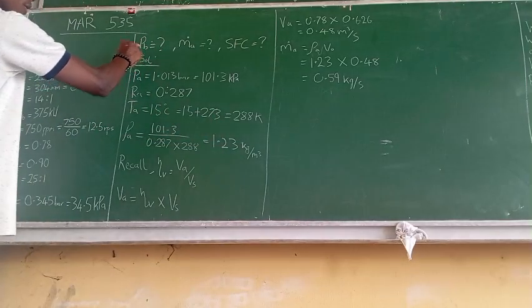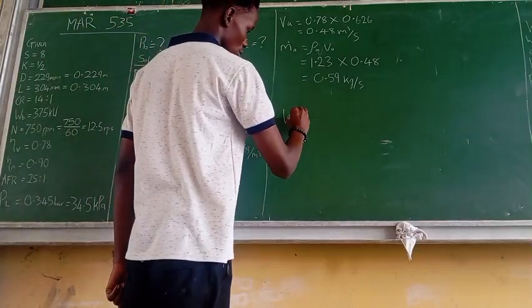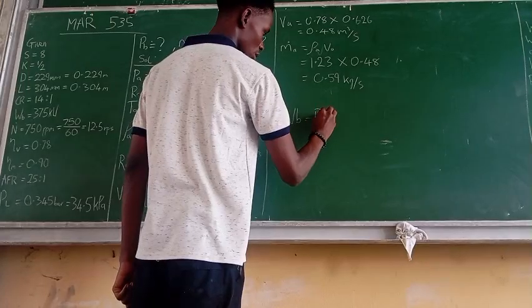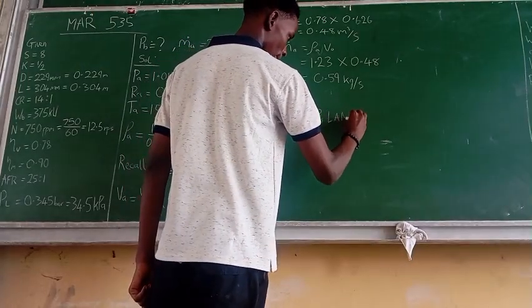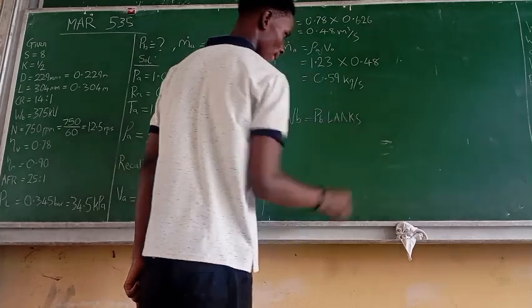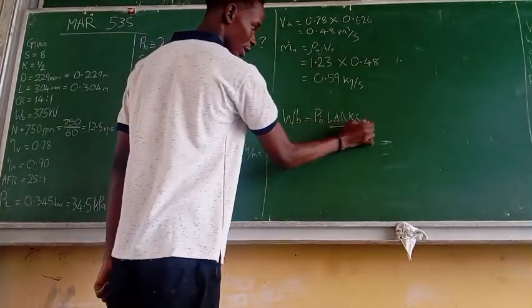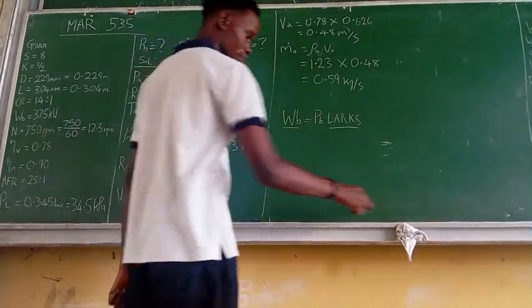Now, we have to find PB. On a normal circumstance, we're going to do our WB is equal to PB times your lambda. We already have our PB, we already have our lambda, so we could do this to find your brake power.